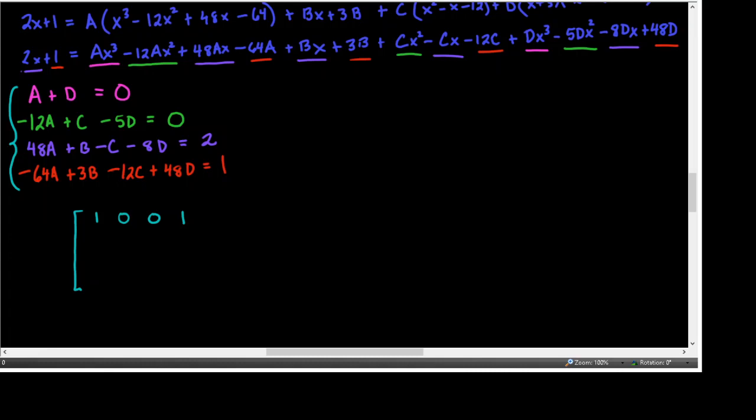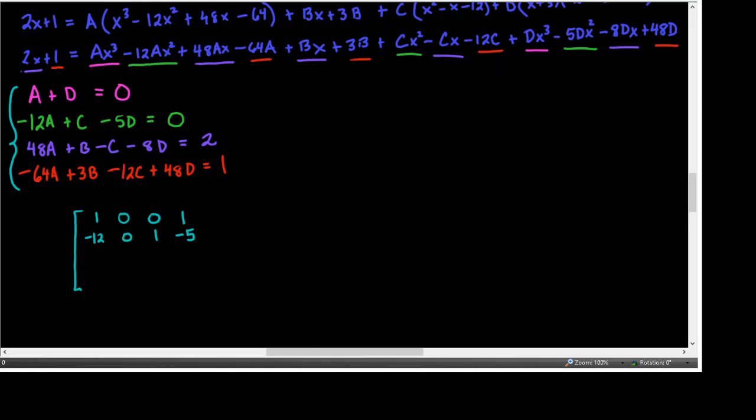So the coefficient of a in the second one is negative 12, 0b, 1c, and negative 5d. I'm sorry, I was getting ahead of myself. That's 1c, excuse me very much, and negative 5d.